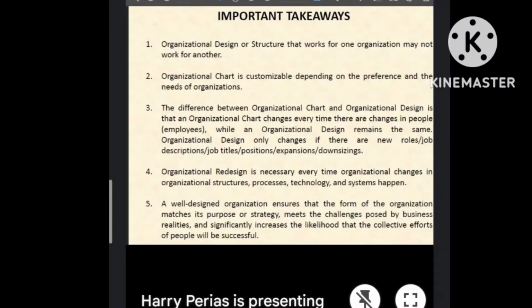So, every time na ina-update natin ang ating organizational structure or design or chart, so dapat nag-o-organizational redesign tayo. Ibig sabihin, ina-update dapat natin lagi yung tatlo, yung structure, yung design, and yung chart. This is because para hindi confused ang mga tao.